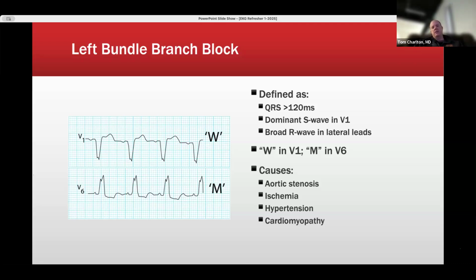And the Sgarbossa criteria allow you to more effectively diagnose an MI in somebody with a left bundle branch block. And it basically means their ST segment is through the roof. If they have a left bundle branch block with ST elevations that are through the roof, that has a high correlation with it being a true STEMI.